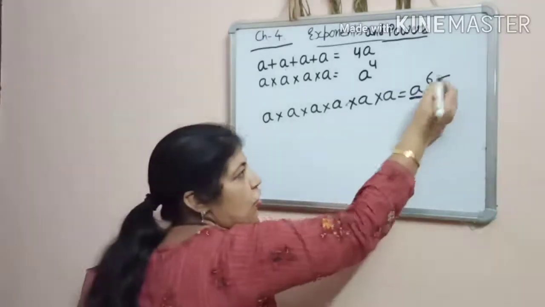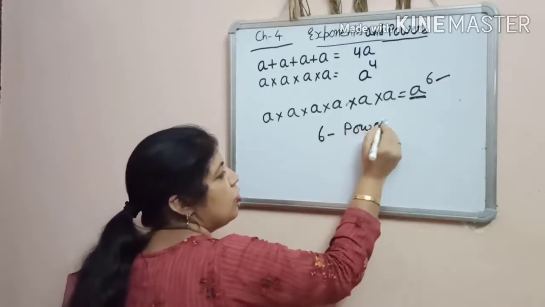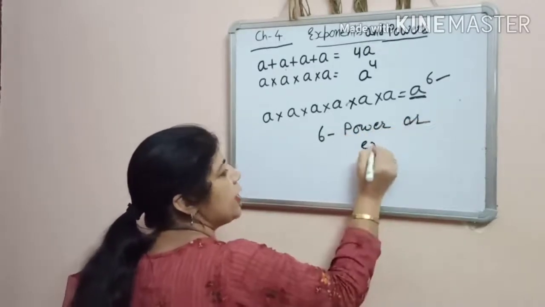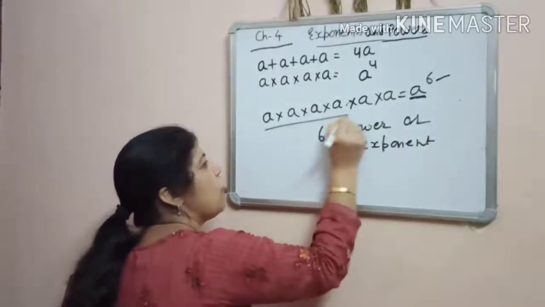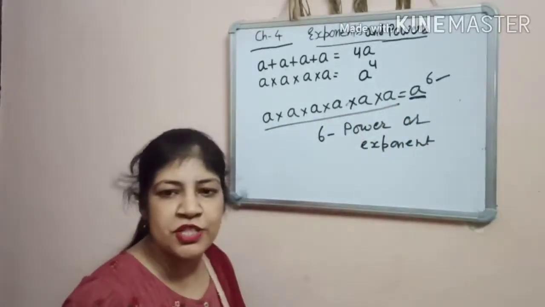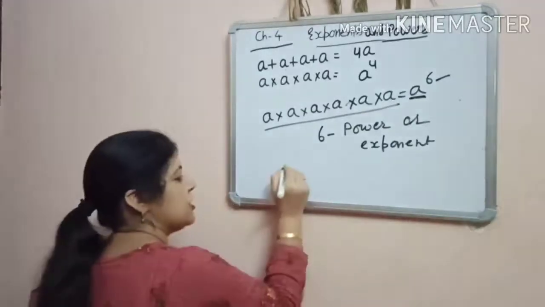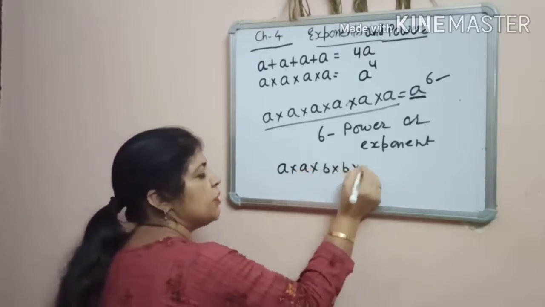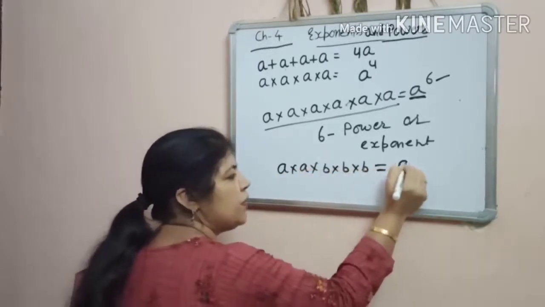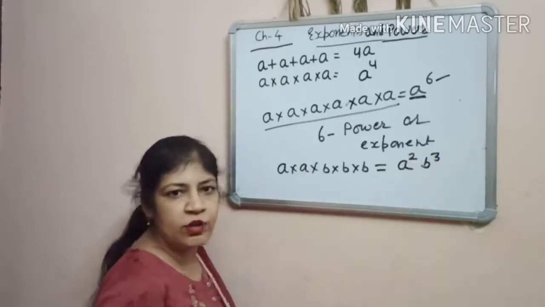and this is called power or exponent, and this is called exponential form. Clear? Like this, a into a, b into b into b, then it will be a raised to the power 2, b raised to the power 3.